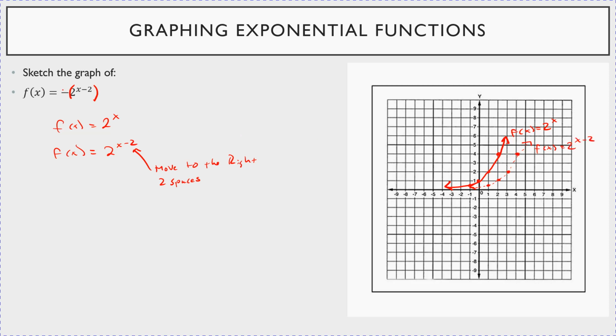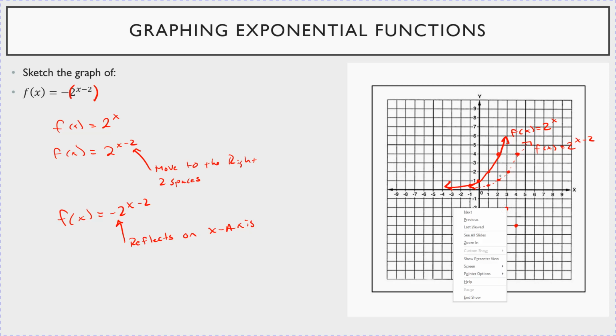Then what does this negative do? It reflects it on the x-axis. So this negative in front reflects on the x-axis. I'm going to take this point here, and instead of being positive 4, it's going to be negative 4. This one here, instead of being positive 2, it's going to be negative 2, and so on.